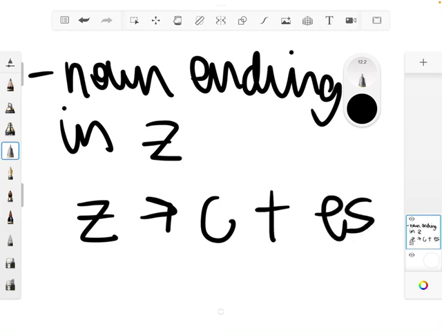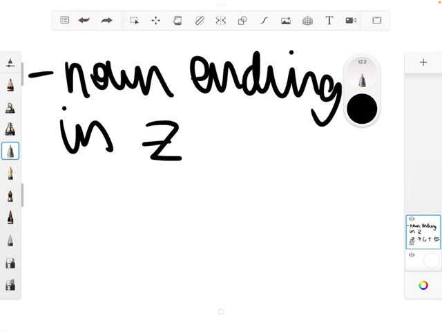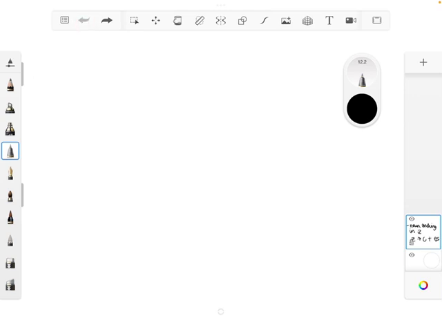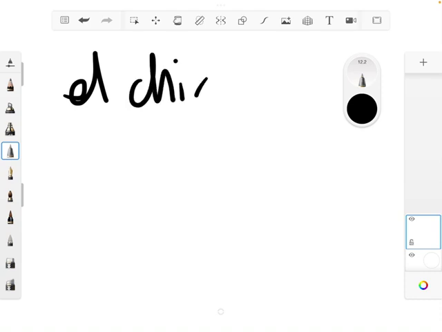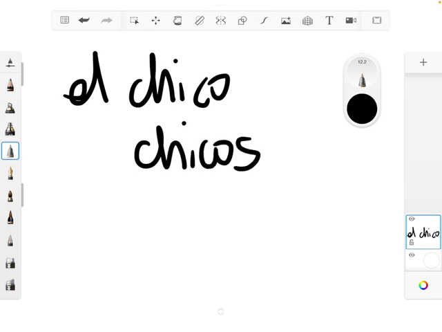Okay? So, this is super easy whenever you have it ending in a vowel, because then you're just going to add the S. So, the examples they give here, they say el chico. To make it plural, we're going to say chicos, add that S. And then the article is going to change as well, because this article is singular, but we want the plural article, which here will be los.